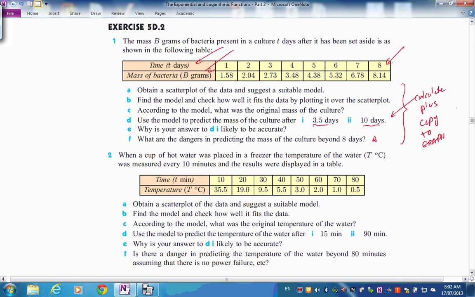So you're flexible there. It doesn't actually ask you here how well the model fits, but it might be worthwhile, and we'll perhaps see that later on, to discuss the fit.